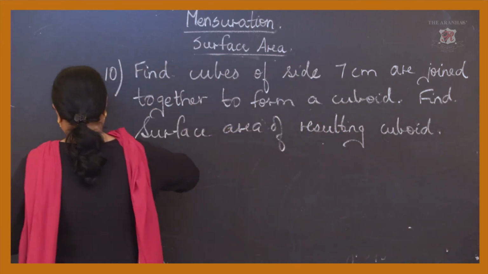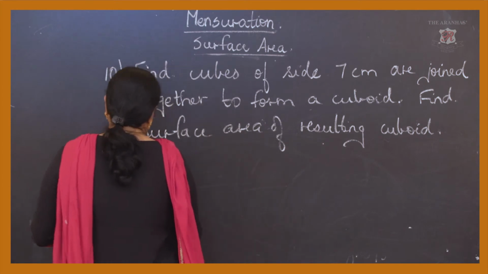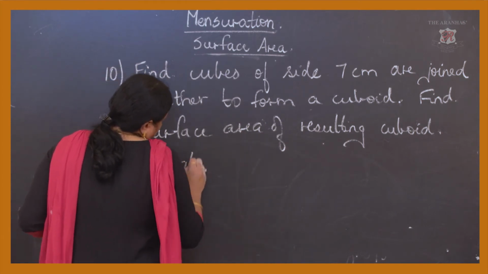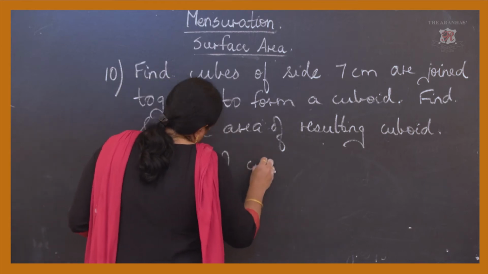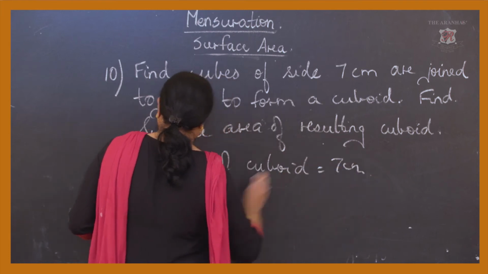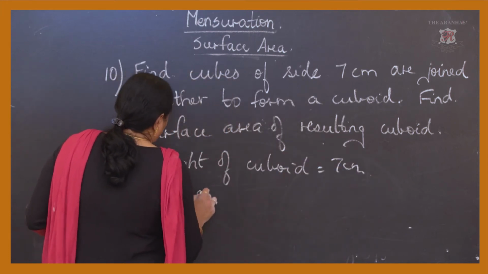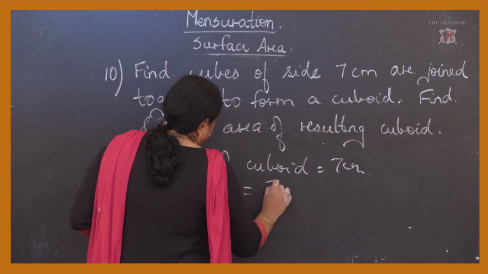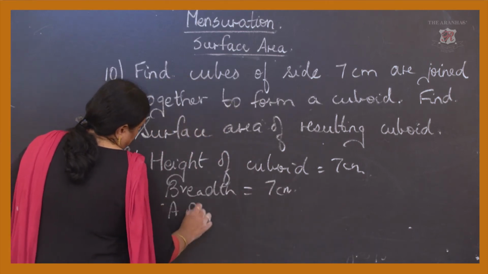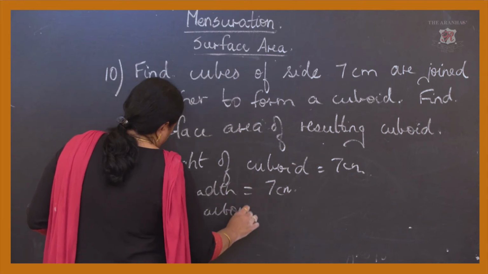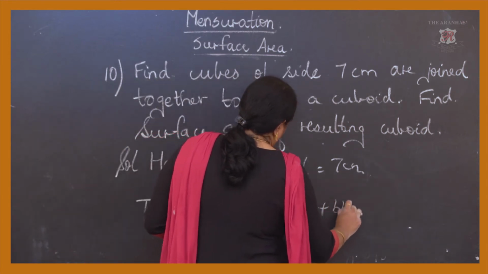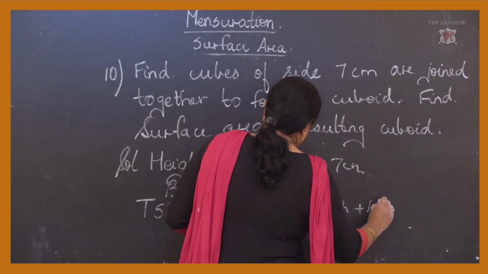Okay. So now over here, what you are going to do is, you have got the height of cuboid. Now your height of cuboid is how much? 7 centimeter. Your breadth is how much? Again it will be 7 centimeter. So here your total surface area of cuboid will be 2 into length into breadth plus breadth into height plus height into length.